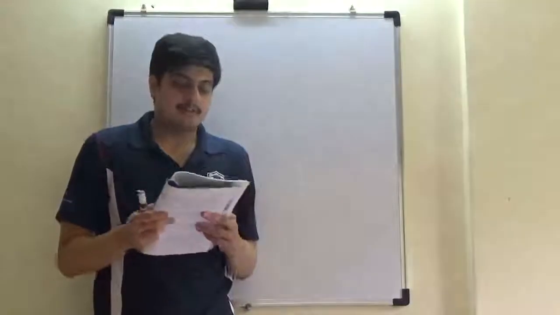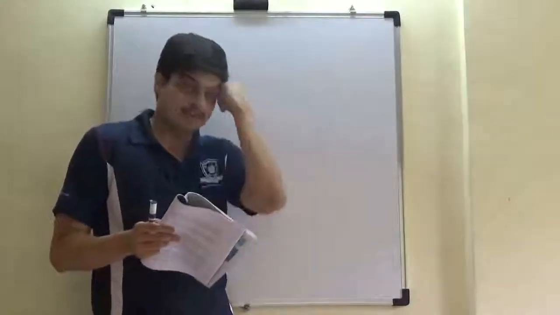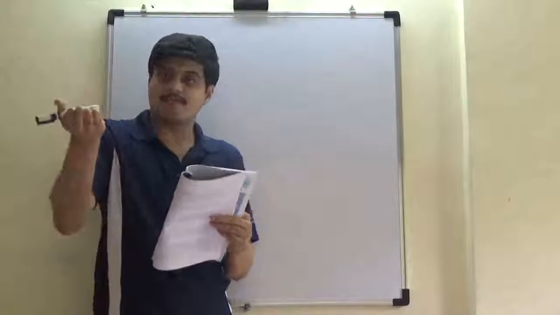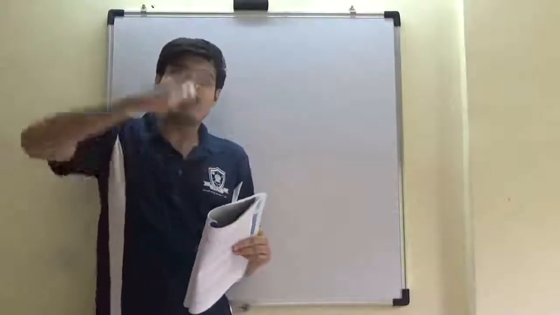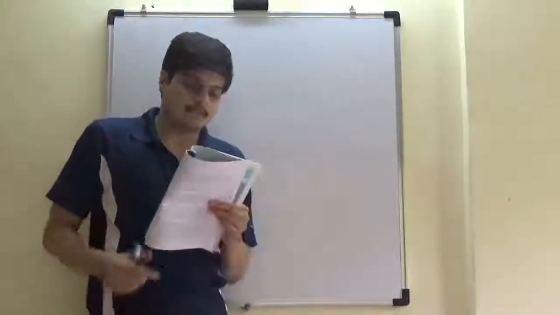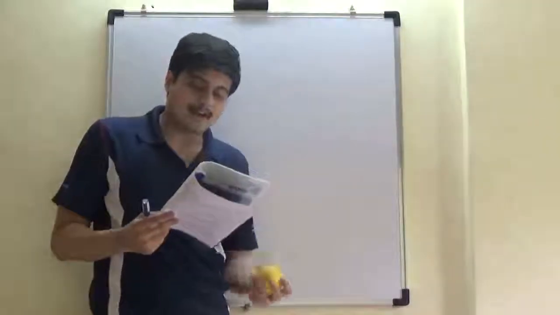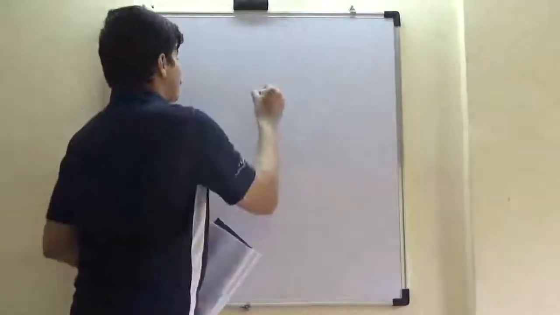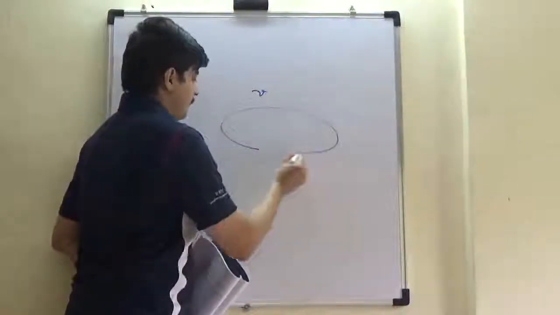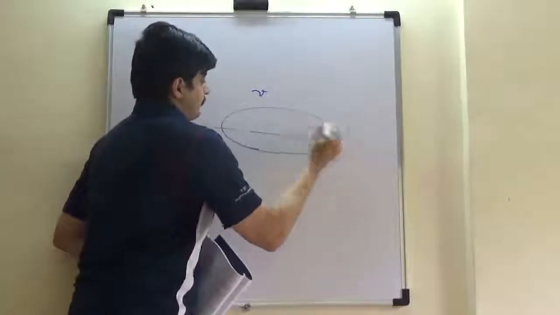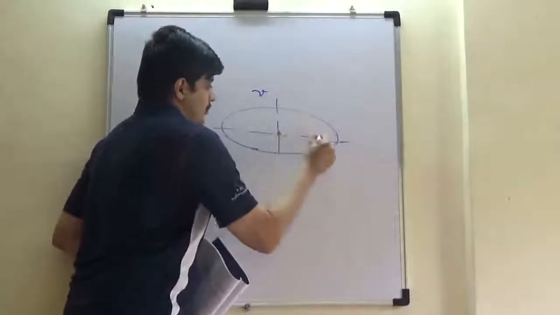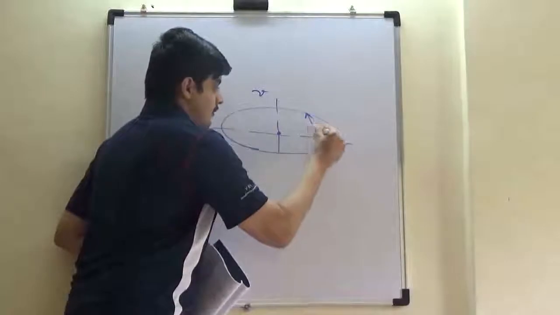Then you have the longitude at which the ascending node is, because latitude is about vertical but longitude is horizontal, right? Then you have time period, how much time it takes, and then something called true anomaly. True anomaly mu is nothing but this. This is the focus from which the distances are measured.